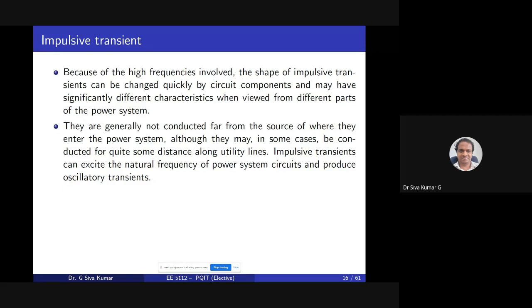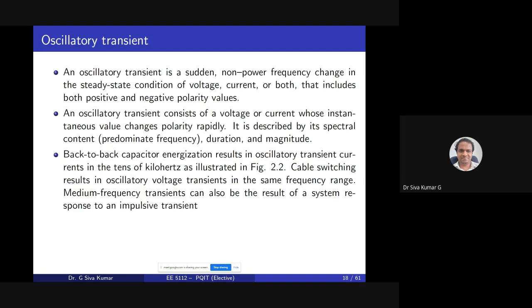If the impulse transient frequency coincides with the natural frequency of the power system, then we will have an oscillatory transient. That is, an impulsive transient yields an oscillatory transient if it can excite the natural frequency of the power system circuits, when its frequency meets the system frequency.